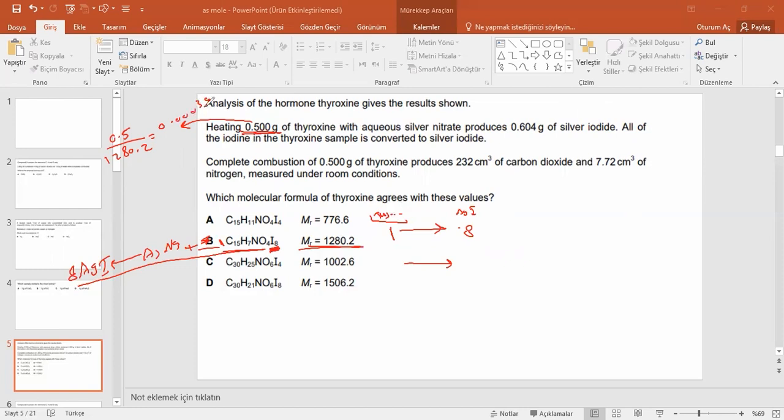Okay, so 0.5 over 1280.2. Yeah, we get this number. So we use this number of moles of thyroxine. This number of moles gives us X.